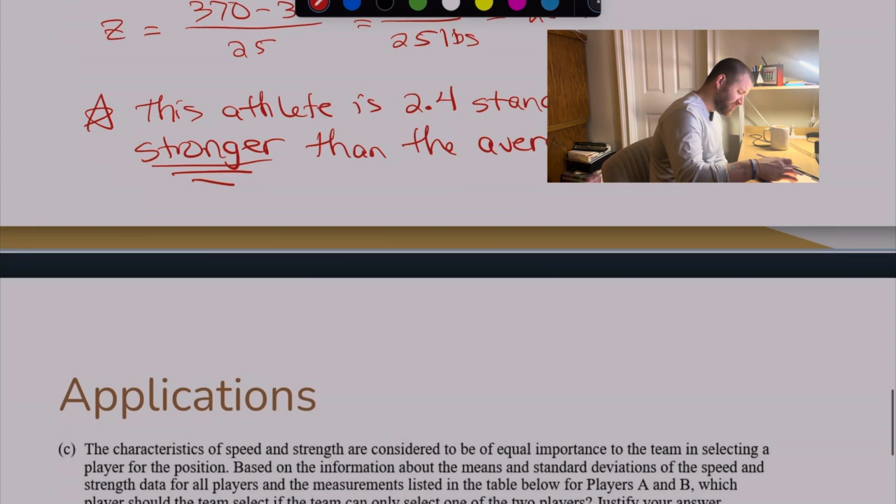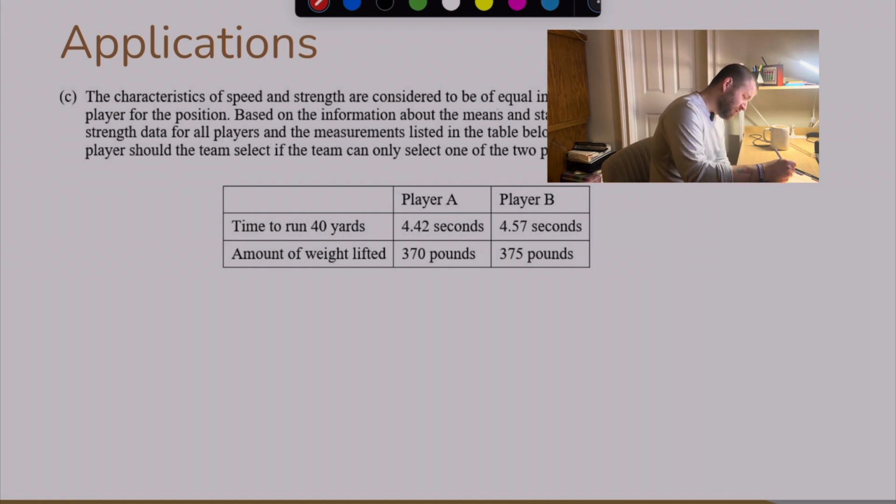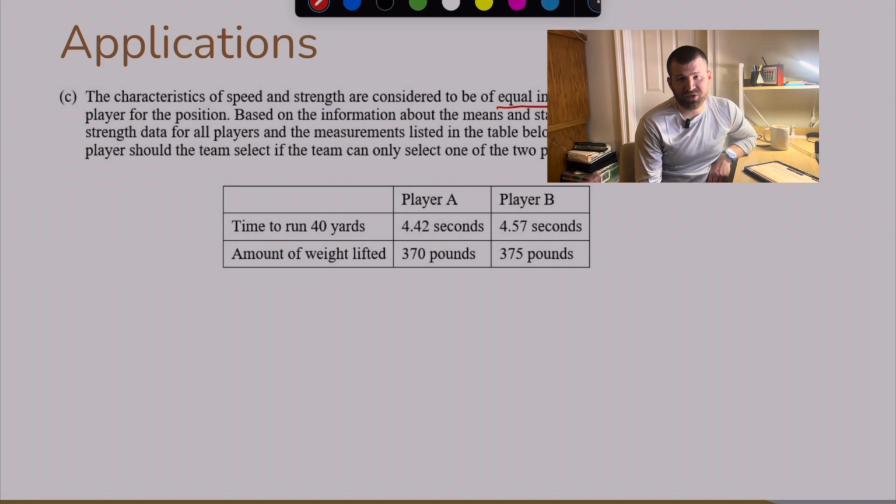Now, the last part of this question is asking you for a comparison of two people. And notice equal importance to the team in selecting a player. And who should we pick? Now, when you see a question like this of who should we pick, remember that they're scoring 200,000 plus of these exams.